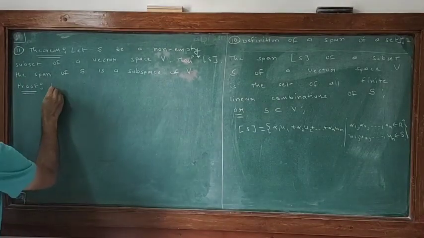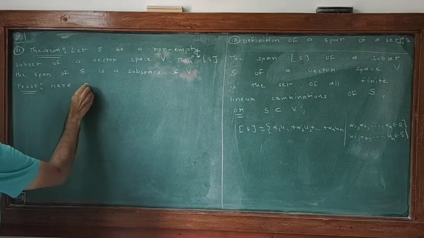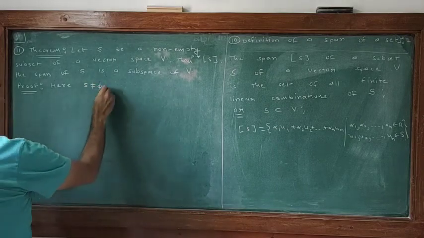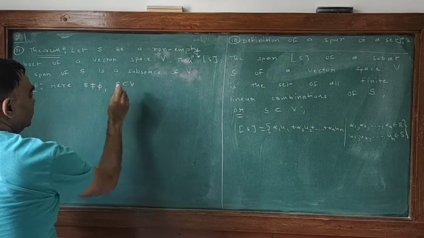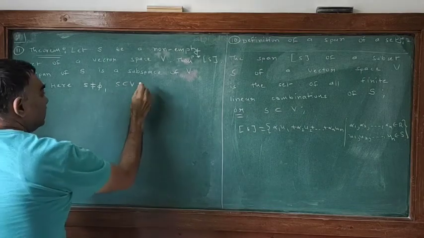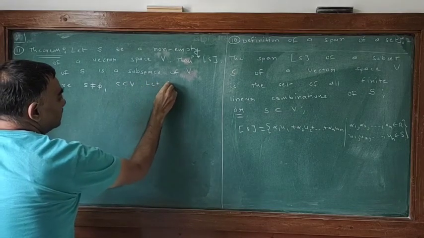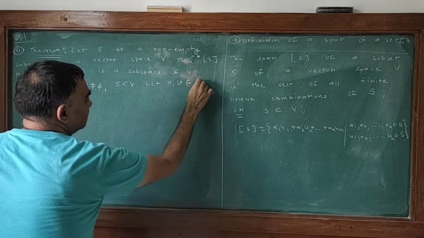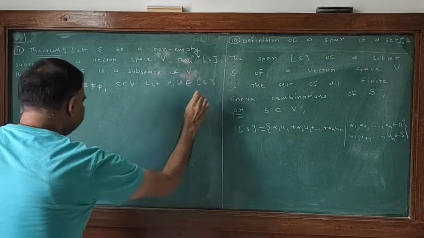Here S is not empty, S is a subset of V. Let u and v belong to span of S.